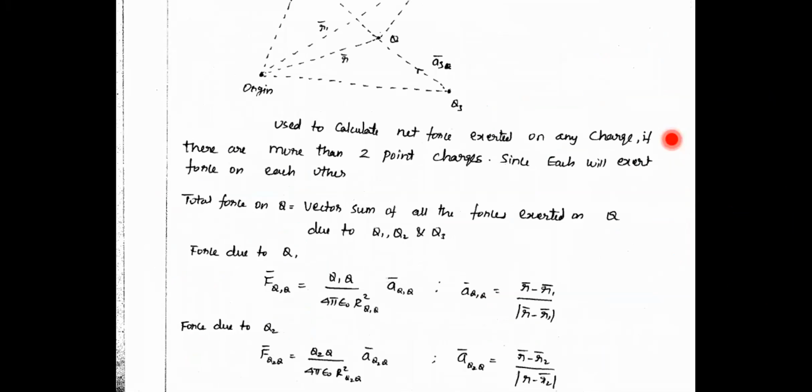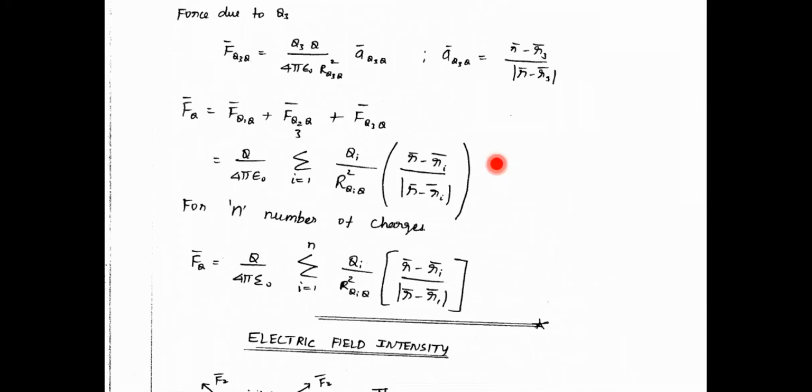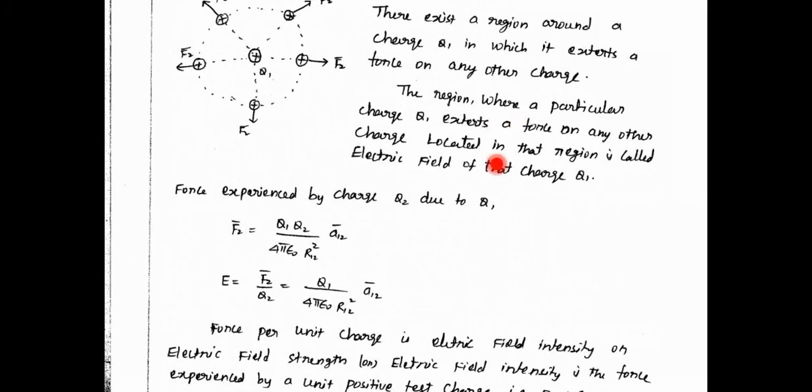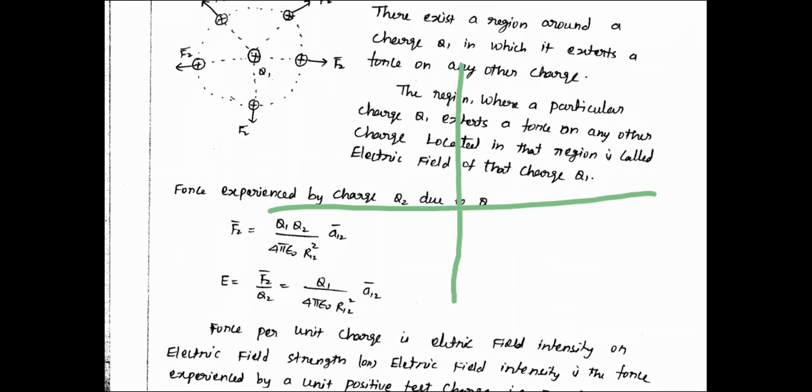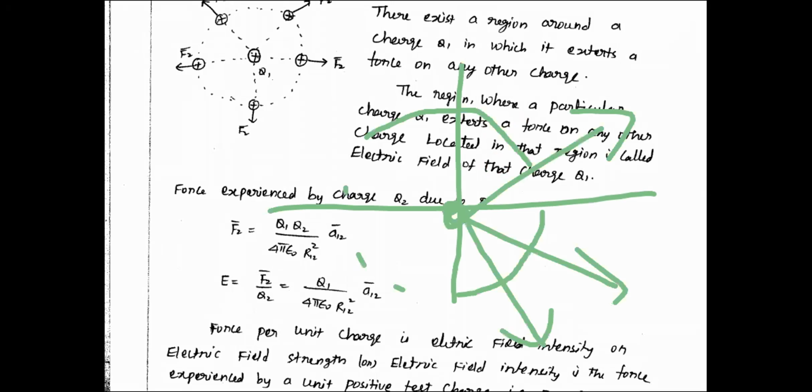This is the superposition principle. Next, the concept of electric field intensity comes. What is important in the case of electric field intensity? Say, for example, I have some charge here. Definitely the electric field will be going radially outwards.